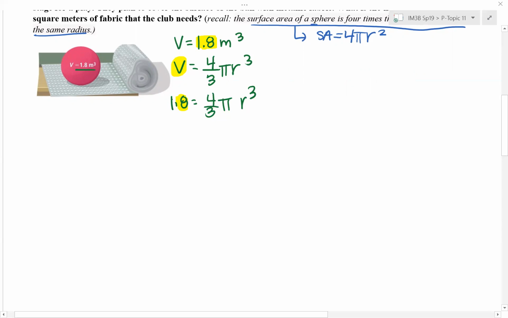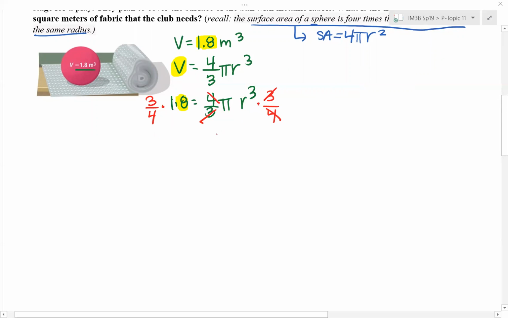So 4/3 times pi times r cubed. I'm just going to divide out each piece individually. If I have a fraction, 4/3, I want to multiply by its reciprocal to get rid of it, to move it to the other side. So I'm going to multiply both sides by 3/4, because 3 divided by 3 makes 1, and 4 divided by 4 makes 1. So those all go away.